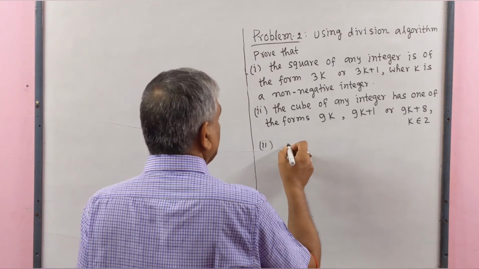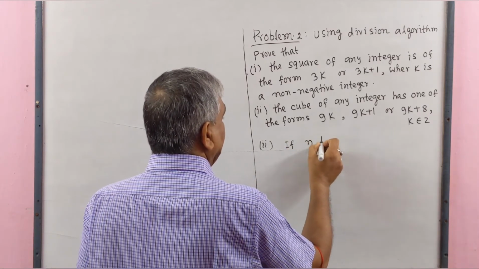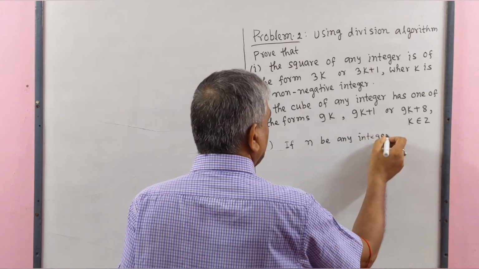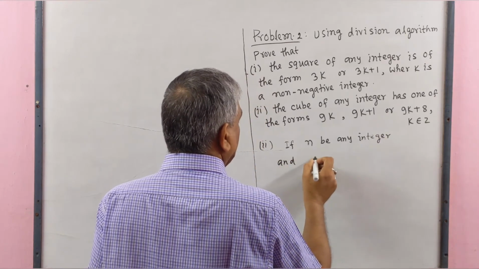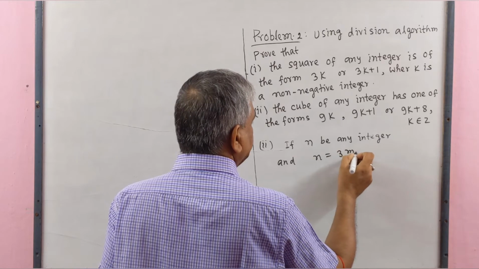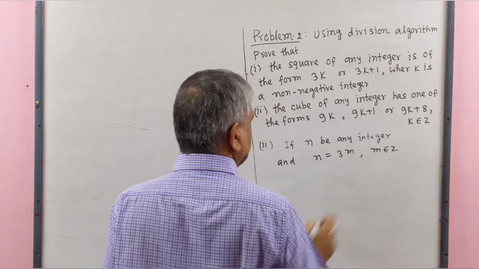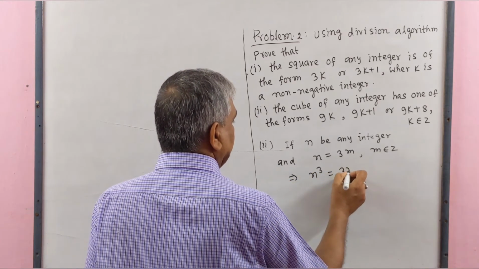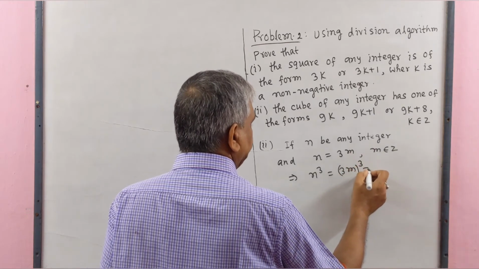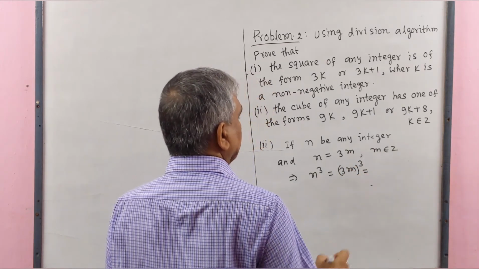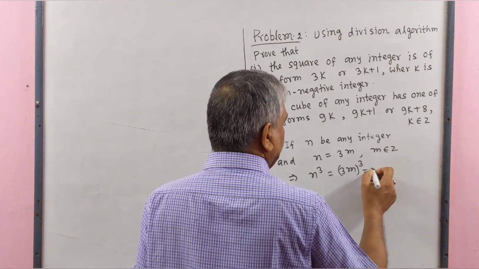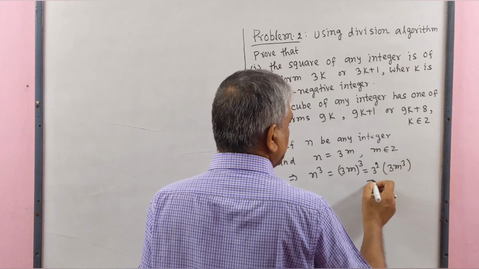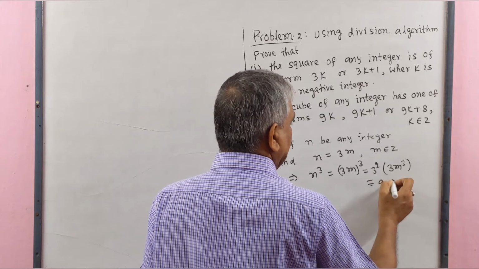If n be any integer and n equal to 3m, m belongs to Z, n cube equal to 3m whole to the power cube equal to 3 square times m cube. 3 square means 9, 9m cube.